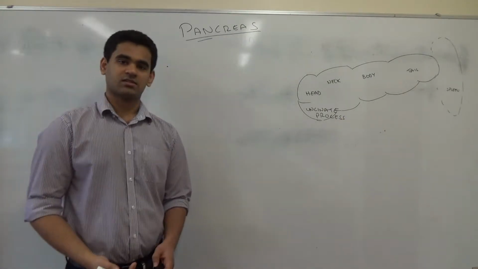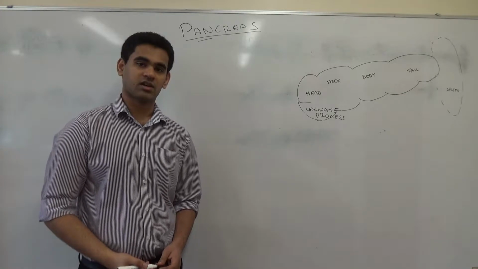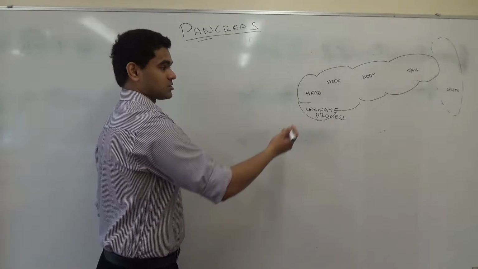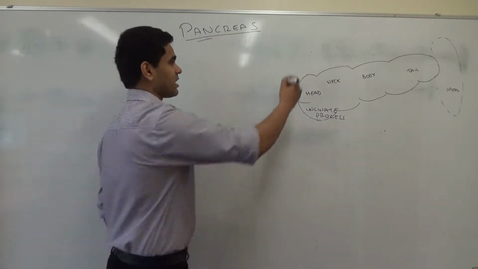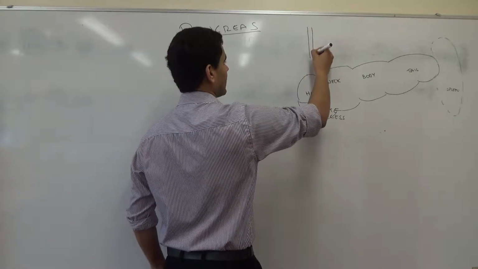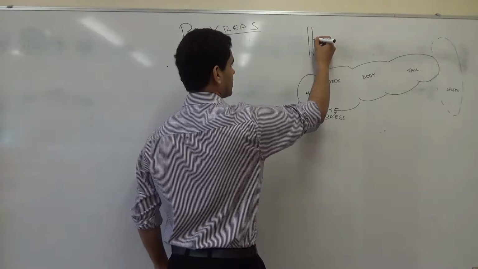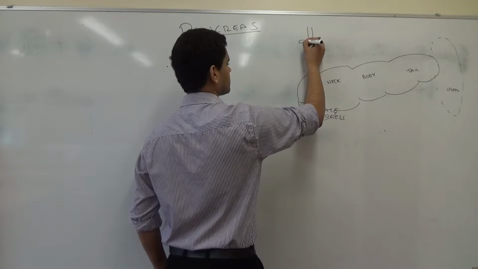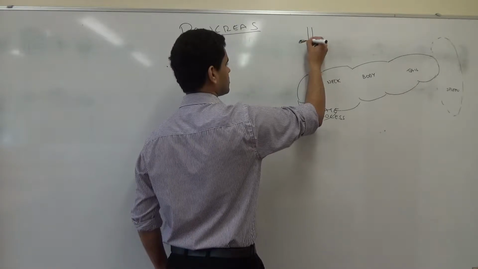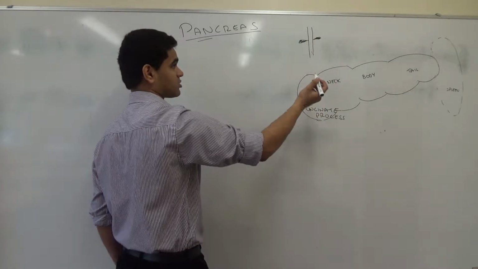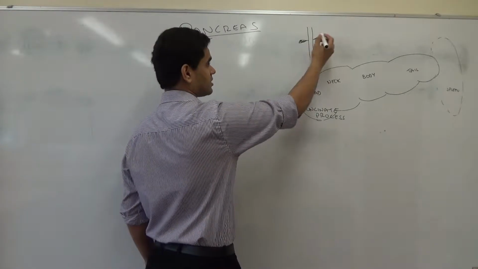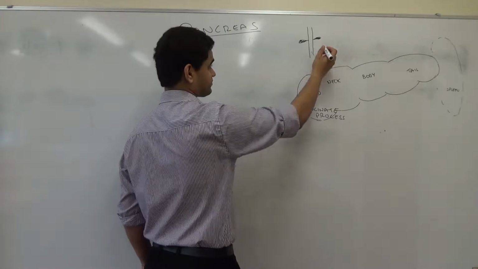And this is quite interesting if you are studying embryology, because the pancreas, when it develops inside the fetus, develops as two distinct buds from the developing gut. And these two buds are called the pancreatic buds. This is the ventral pancreatic bud, and this is the dorsal pancreatic bud.